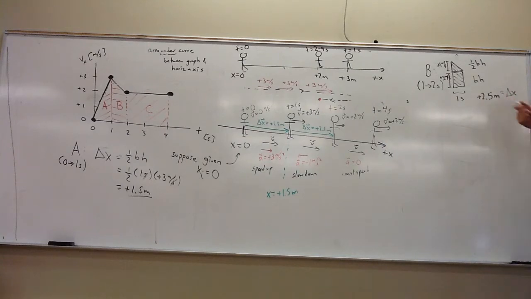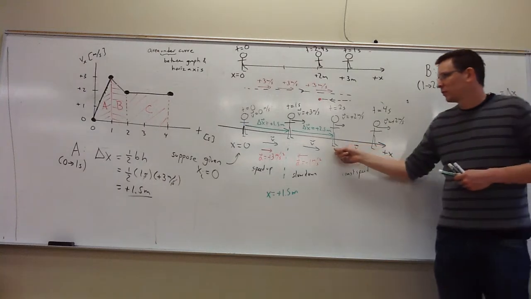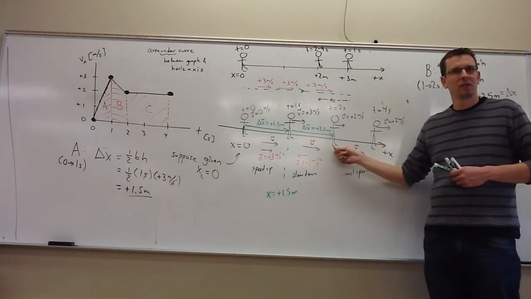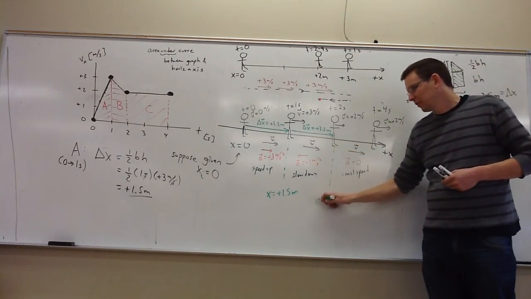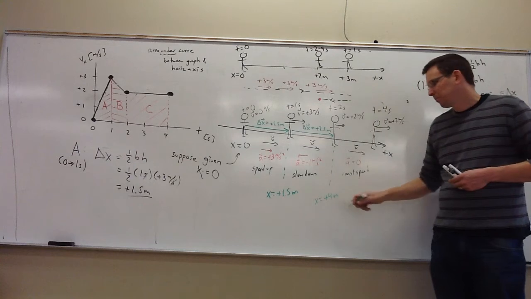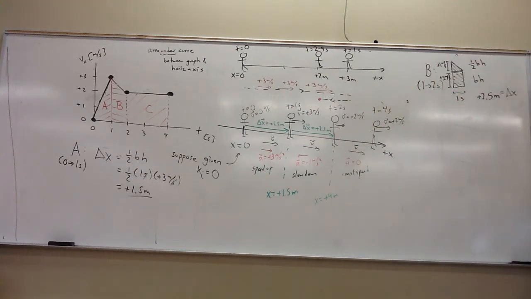So we got the displacement for the second part. But what position are we at now? Are we at 2.5? No. 4. You got to add up what you're doing. So don't forget that finding the area under the curve is not raw position information. It's displacement information.